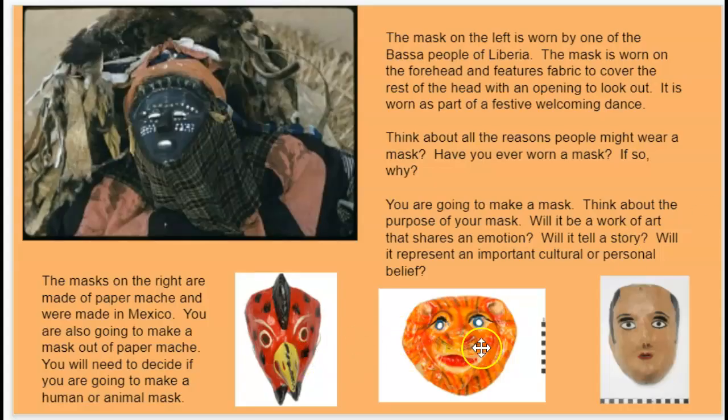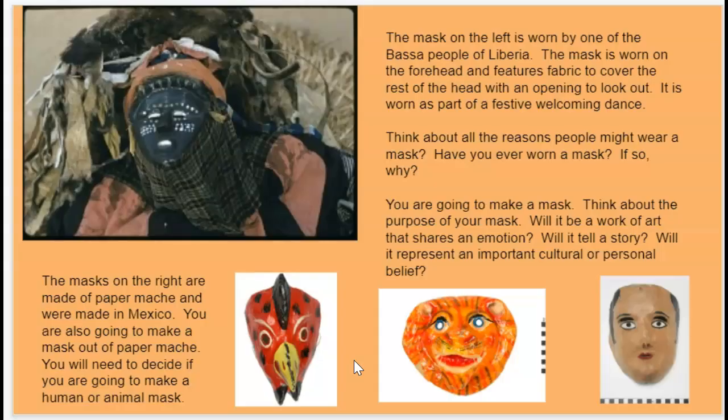So along the bottom, you see some examples from Mexico of paper mache masks. These are a little more along the lines of the kind of mask that we're going to be making. You can see one has kind of a human face, this one sort of looks like a tiger or a lion, and then over here we have this bird type of mask.